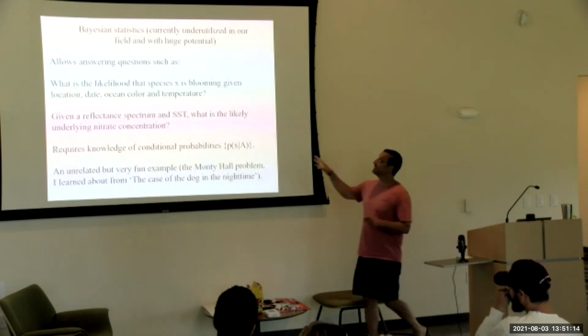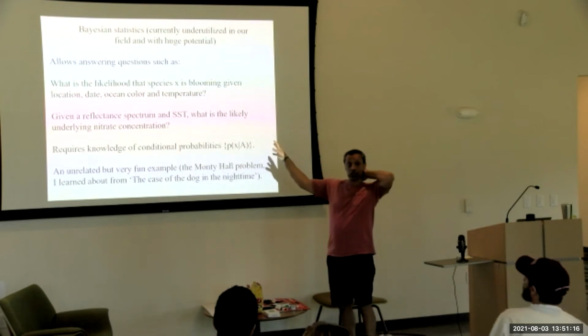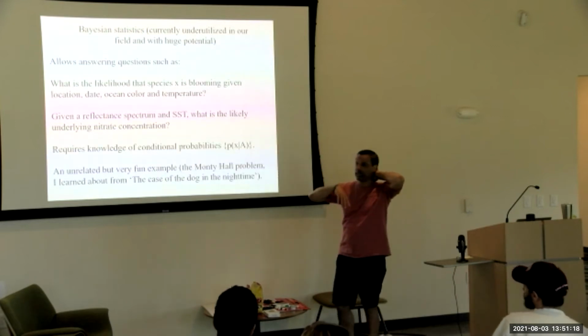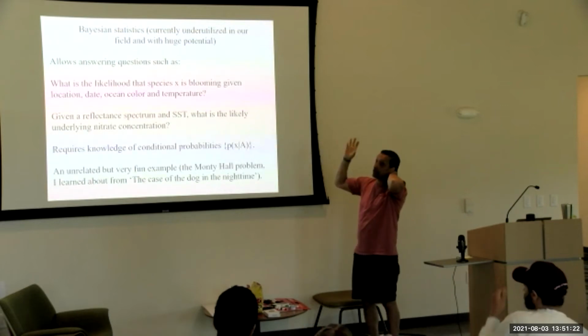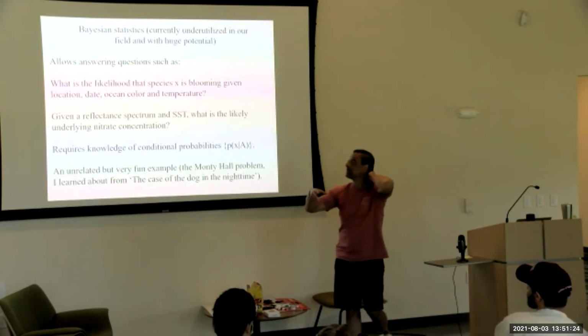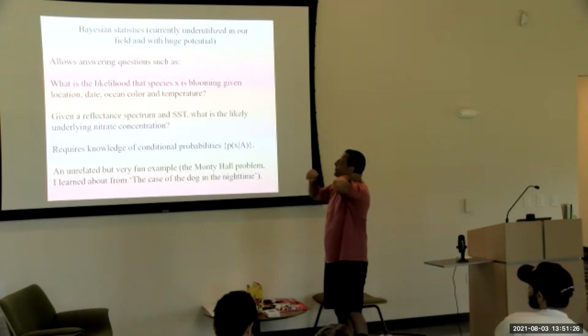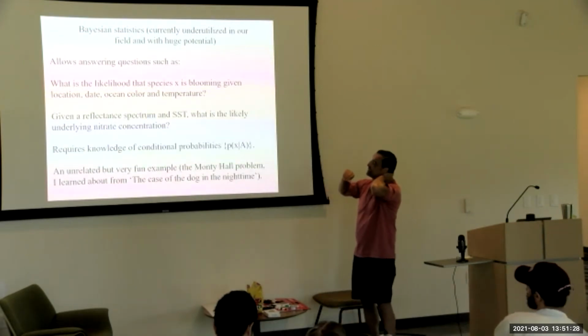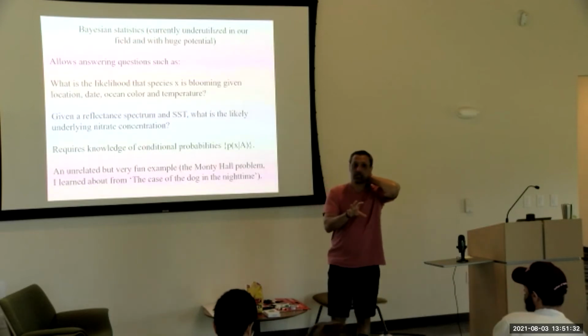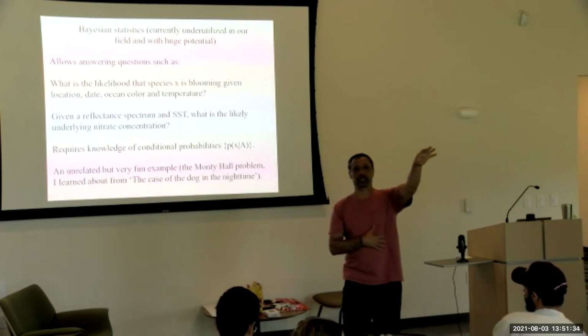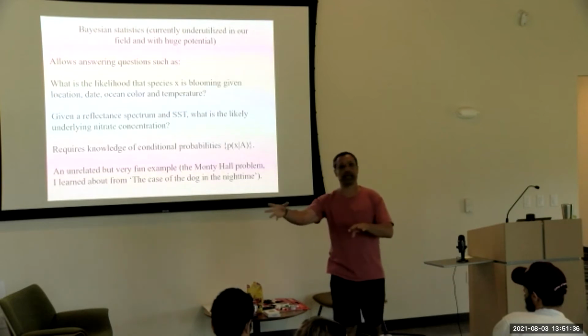A field of statistics that has not been used much in oceanography, and I've taken a class on Coursera in it, and other people have started applying it to the field, is Bayesian statistics. Bayesian statistics looks at conditional probabilities. So if it's a warm day today, what's the likelihood that X will happen?